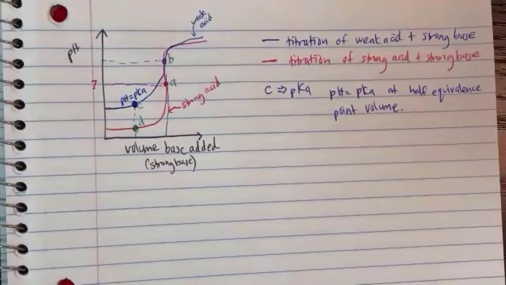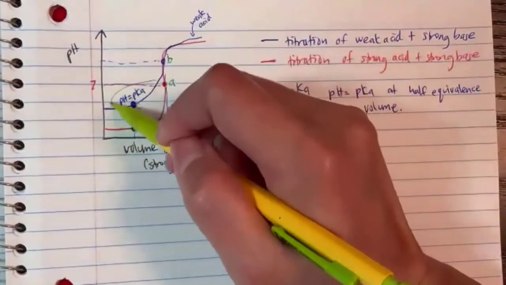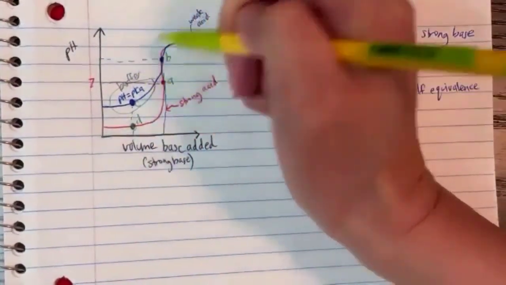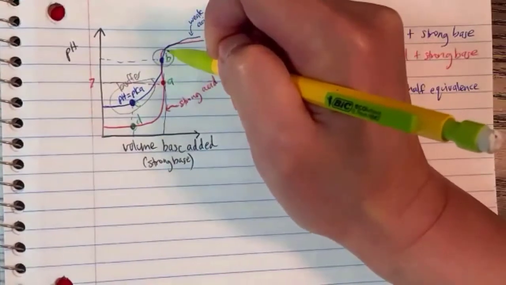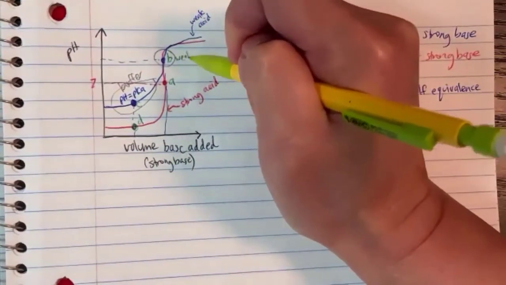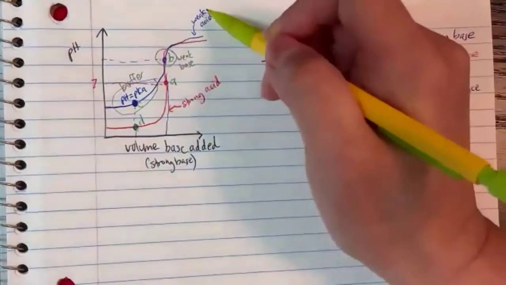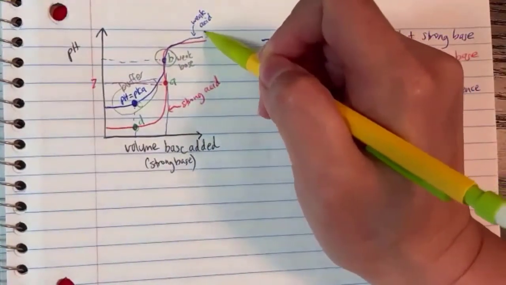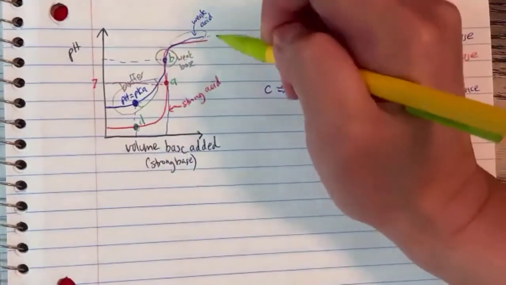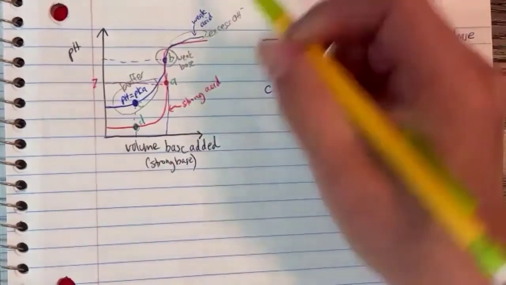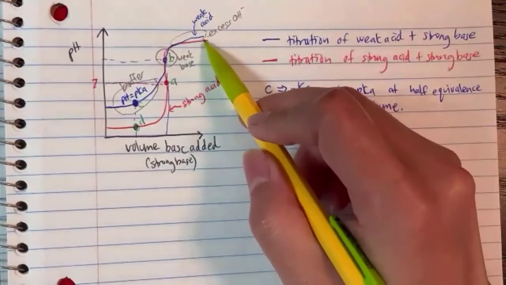So remember, this right here is the buffer region. This here, this equivalence point calculation is a weak base ion calculation, okay? And over this range here, the blue line here will be excess hydroxide. Actually, I mean, the red line is also excess hydroxide.